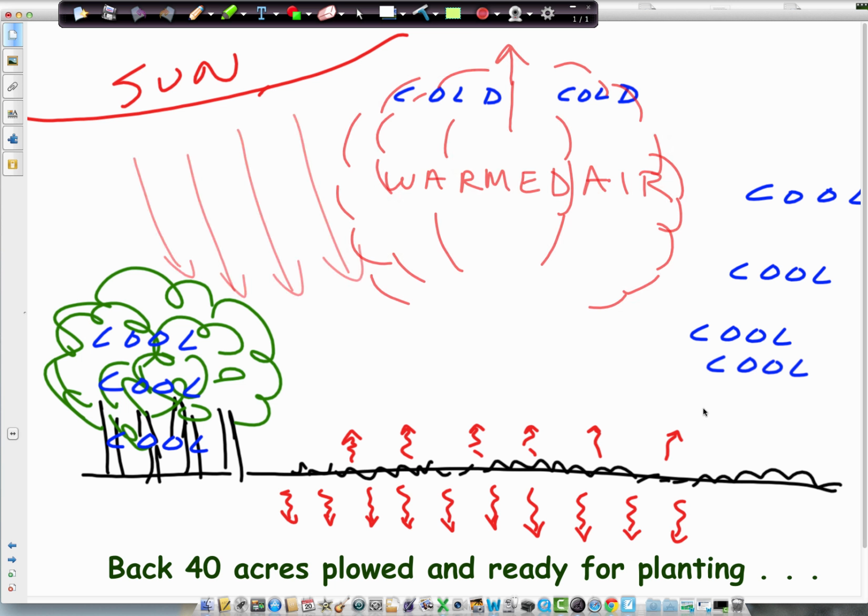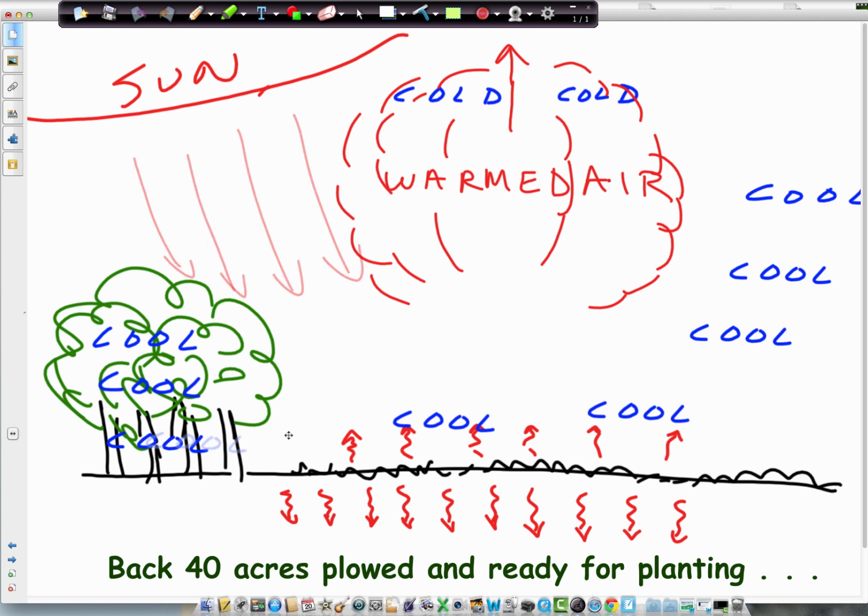Well, guess what happens? Cool air comes in underneath and begins to replace the warm air that was up above, that is moving up above, and you even have cool air from the stand of trees that will move out and take the place of the warm air that's rising.